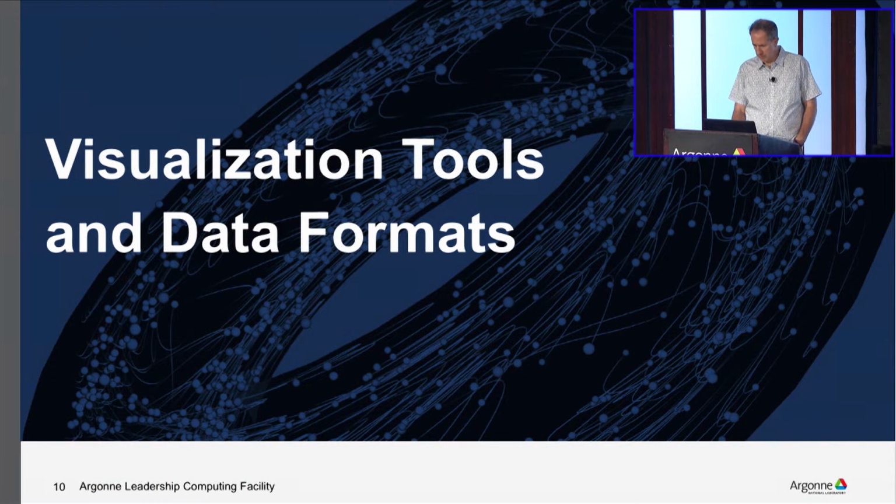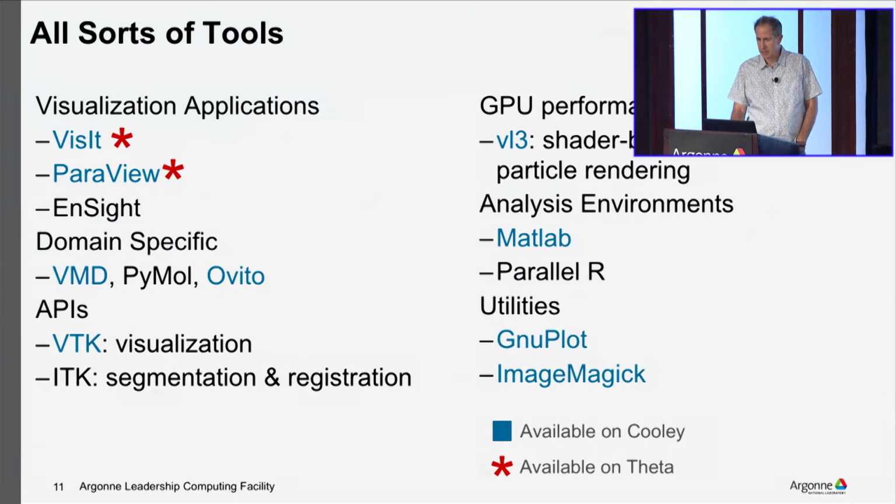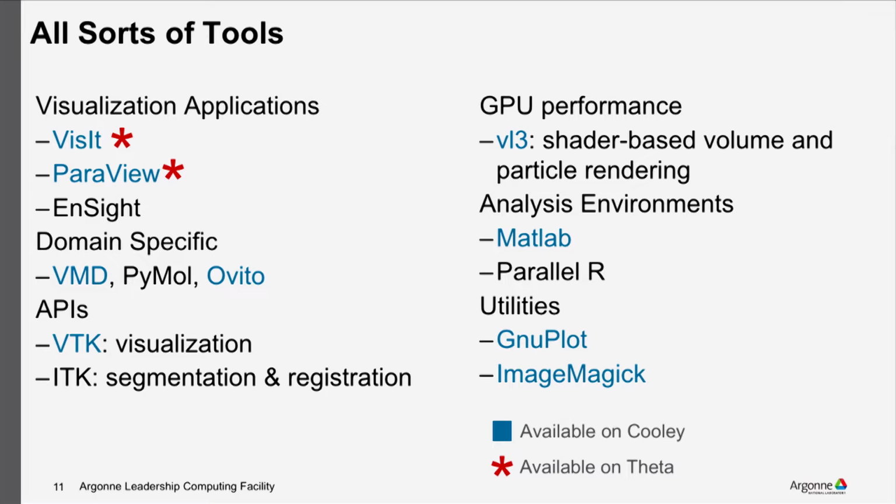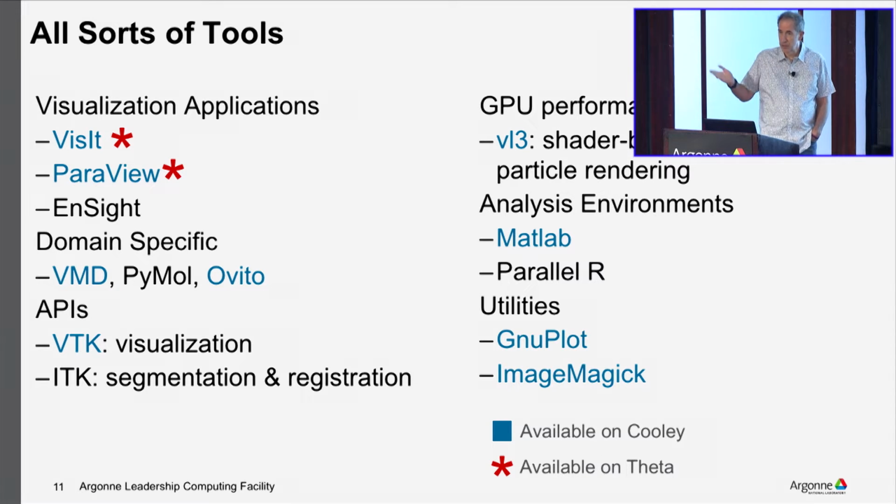So a little bit about some tools and data formats. There's all sorts of tools out there for doing visualization. This is by no means an exhaustive list. The ones highlighted in blue are things that we have available on Cooley. And so VisIt and ParaView, which you'll hear more about a little bit later today, are visualization applications, right?